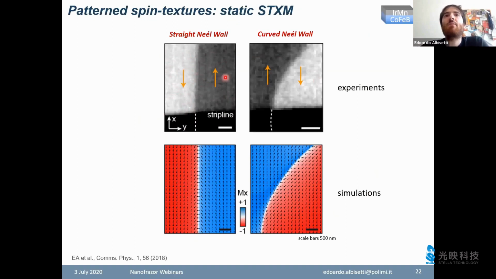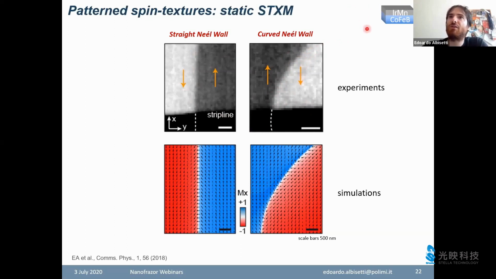But if you shape your patterning in a suitable way, you can also write curved domain walls. Here we wrote pretty much the same structure, but instead of a straight one, we have a curved one, so that the spins rotate from here to here in a controlled way across the curve that we set with the shape of the heated tip on the sample.